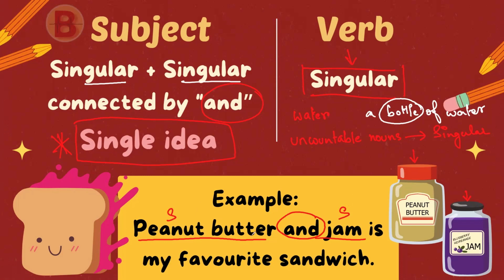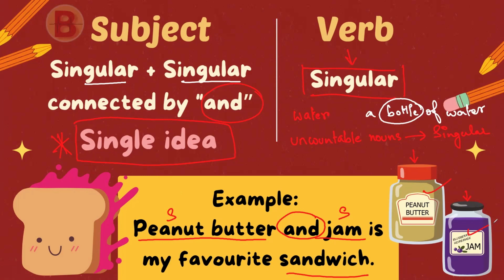Now, the third thing that I told was very important. That is single idea. They should talk about a single idea. So what are we saying? Peanut butter and jam is my favorite sandwich. So there is a sandwich which is prepared by using both peanut butter and jam. Most of you might know this sandwich, and if you haven't tried it yet, you can even make it at home. It's very easy to make and it's very yummy.